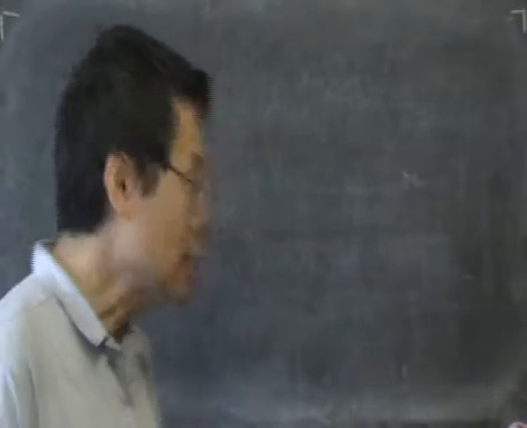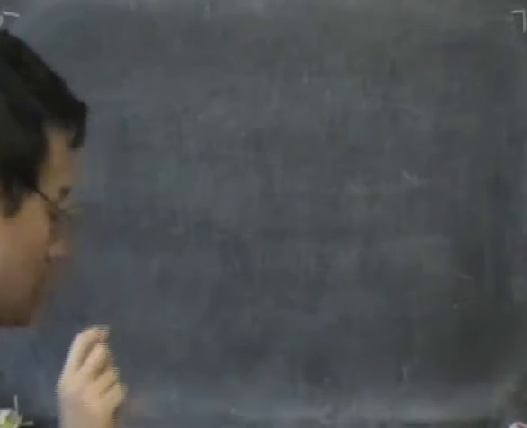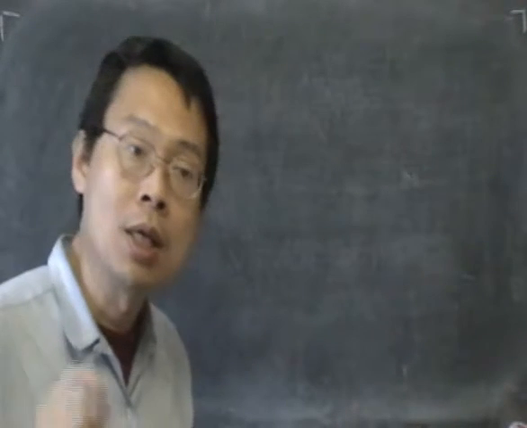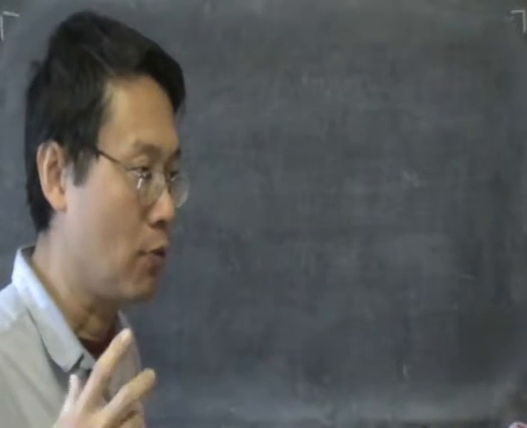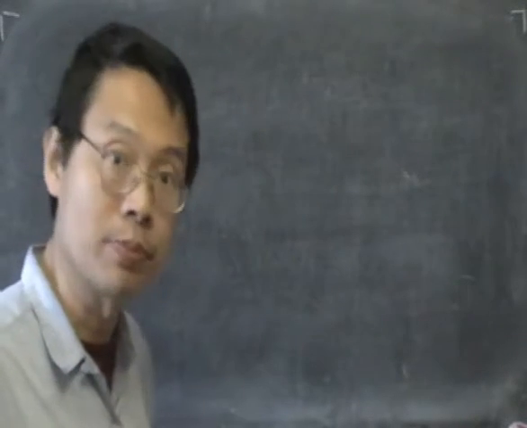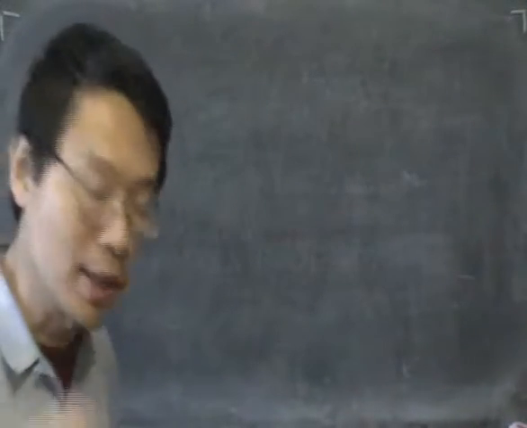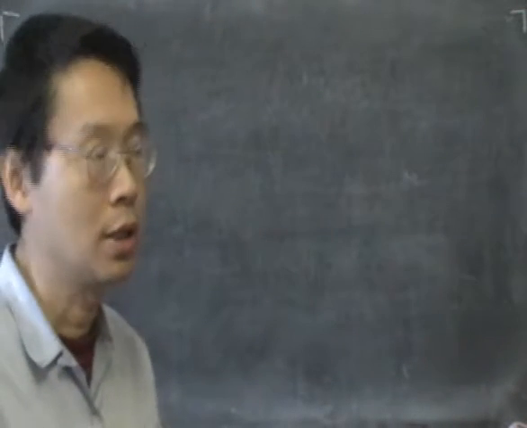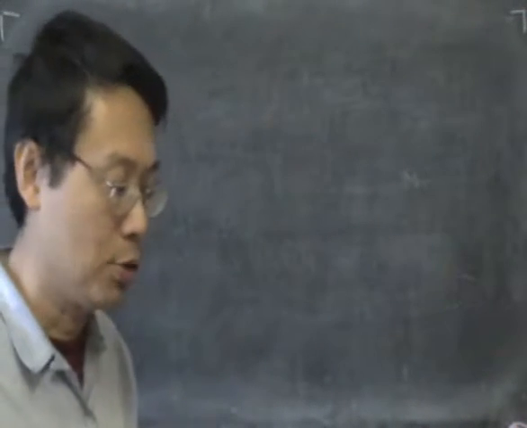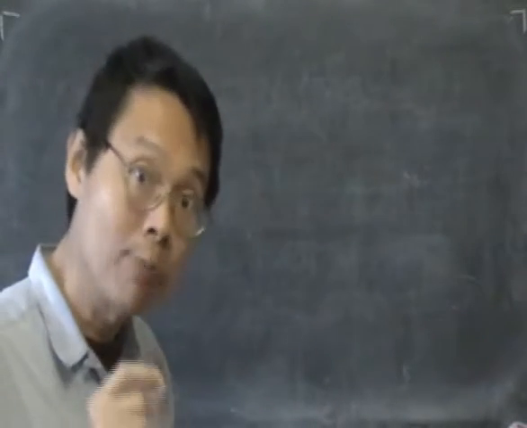Right. The next thing that I'm going to do is to derive an expression for the kinetic energy of a particle, the relativistic kinetic energy. Now, in classical mechanics, we know how to derive the kinetic energy. That is half mv squared.